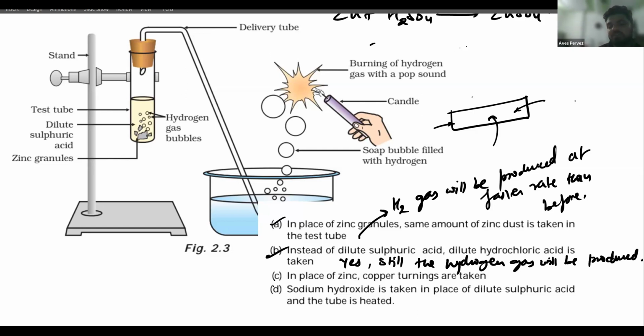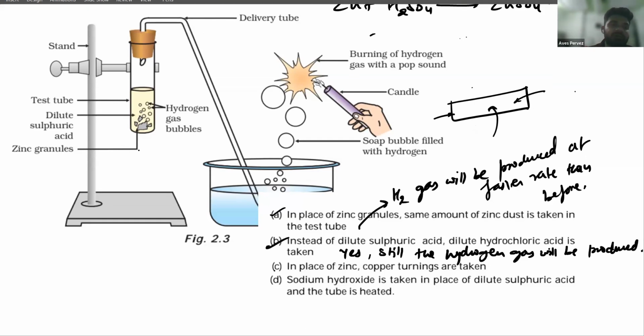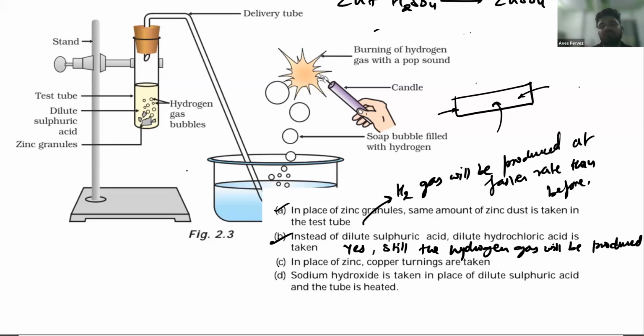Here, instead of zinc granules, copper turnings are taken, meaning copper filings or copper particles. Then will the hydrogen gas be produced? Yes, sir, but I guess in less amount.